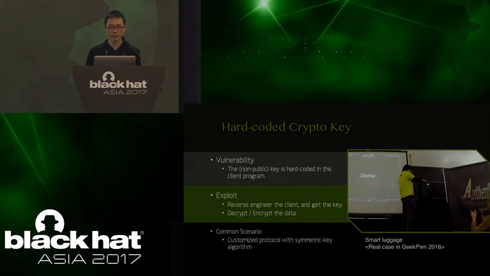For example, in Defcon 2016, smart luggage was found vulnerable in this way. The user can use a mobile phone app to control the luggage through Bluetooth. However, the pairing password is hard-coded in the app, so the attacker can reverse engineer the app and get the pairing password.